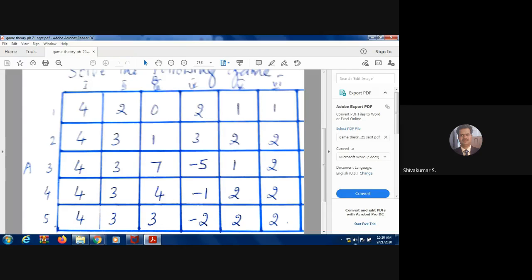Write the numbers correctly: rows 2, 3, 4 and columns 1 to 6. Now the matrix is reduced to 3 by 6.